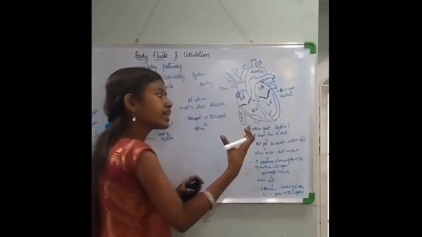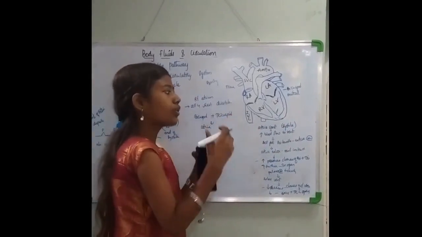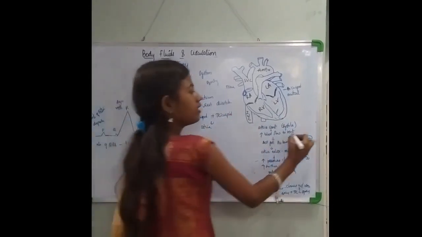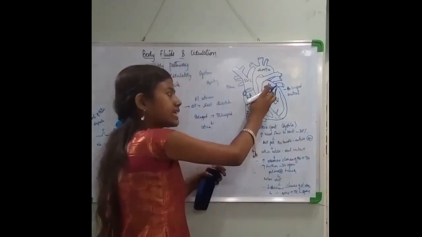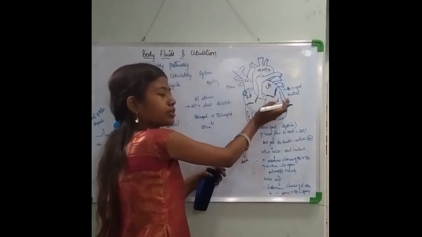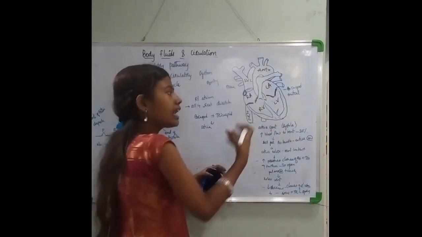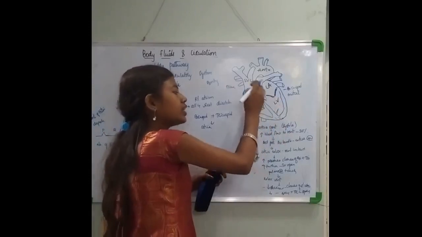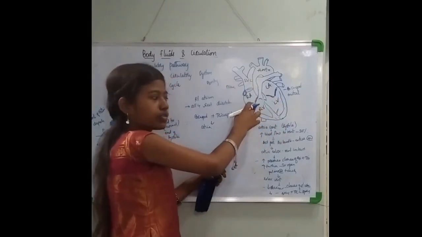Once the atria contract, the flow of blood into the ventricles increases by 30%. The atria are contracting, so the blood flows into the ventricles and the pressure increases. Then an action potential is generated over the AV bundle, which is present over here.